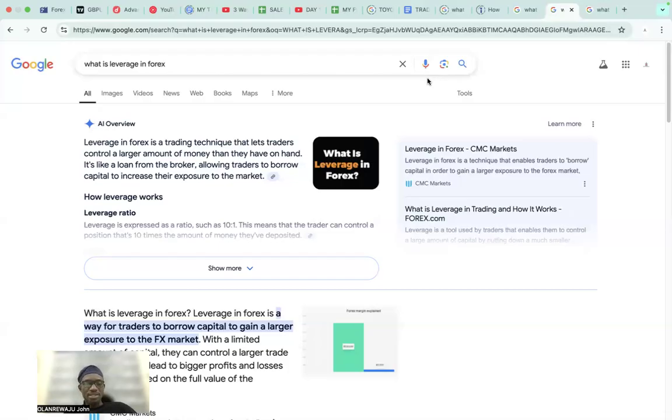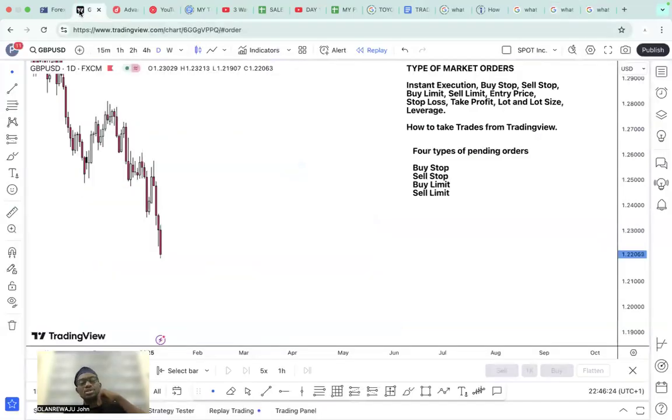So when you want to open a trading account, your broker will ask you what kind of leverage you want: 1:100, 1:200, 1:300.